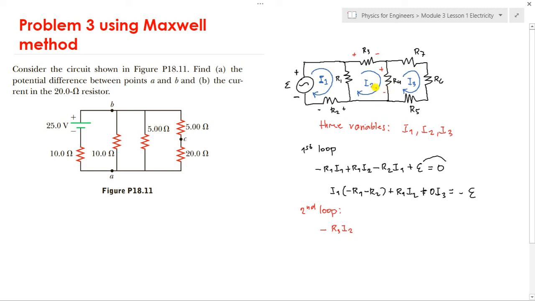So for I2, that is voltage drop, so we have minus R4 I2. However, the direction of I3 tells us that there is a voltage increase. That's why we have plus R4 I3. Again, si R4, duha ka buok current nga nag-interact niya. So, not only I2 but also I3.